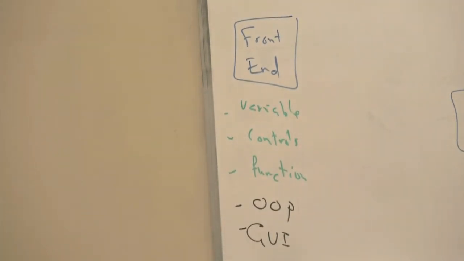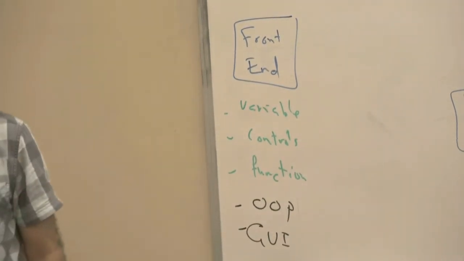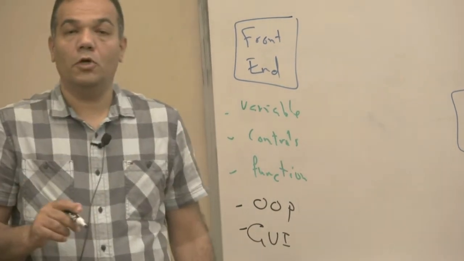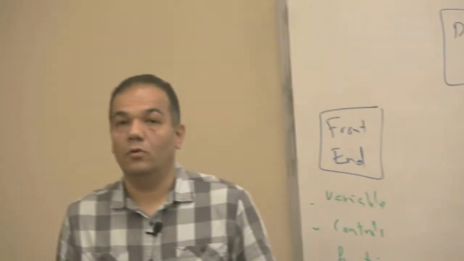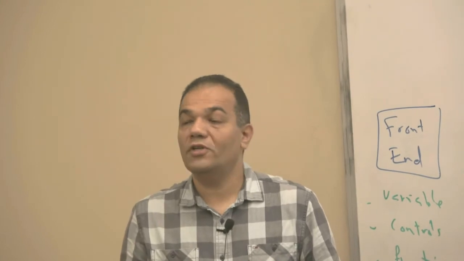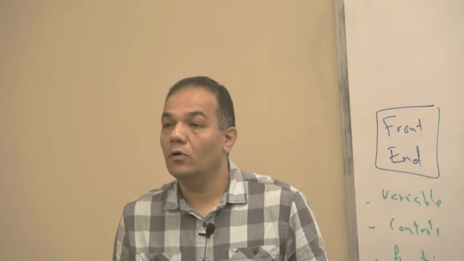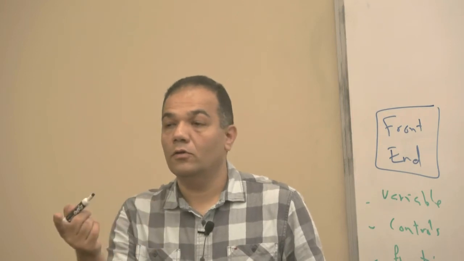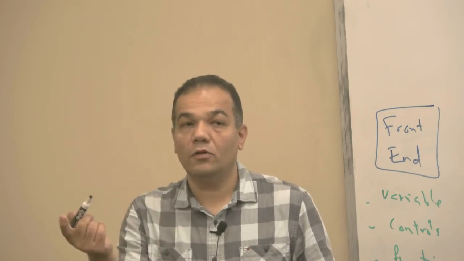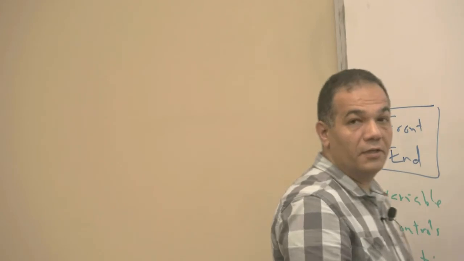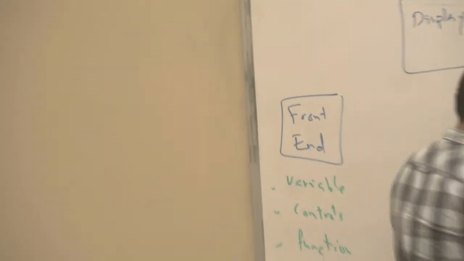The code, the logic, the connection? No. So where does the data come from? Servers. What kind of server? Databases. So where is the data? Usually the data could be in files.